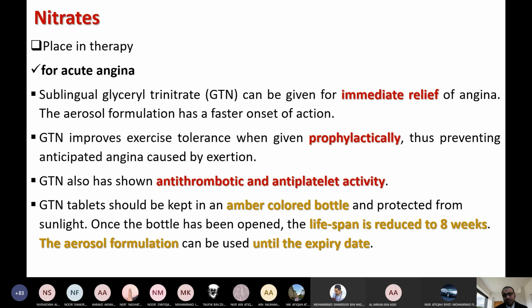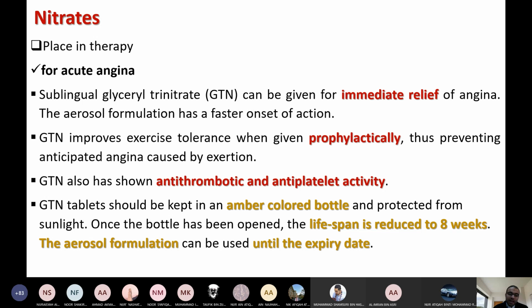So the third anti-ischemic, the third agent of the traditional anti-ischemics, is actually the nitrates. Of course, nitrates can be used in acute angina, as prophylaxis, and also for some other action beside anti-anginal, like antiplatelet or antithrombotic, but that is not the indication here.